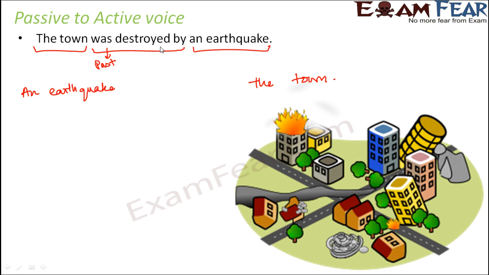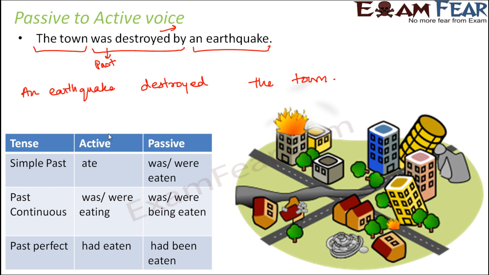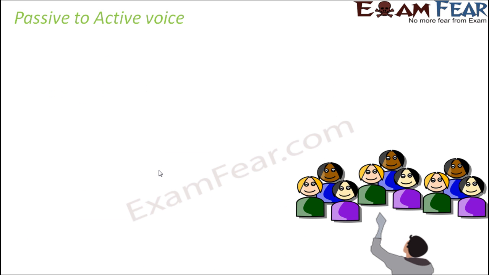So for the verb, which is in its third form, you have to use the same verb in its second form, because the second form is always about past tense. So destroy, destroyed, destroyed. So an earthquake destroyed the town. Again, this was also an example of simple past. The active is in simple past and the passive is was plus the third form of the verb.